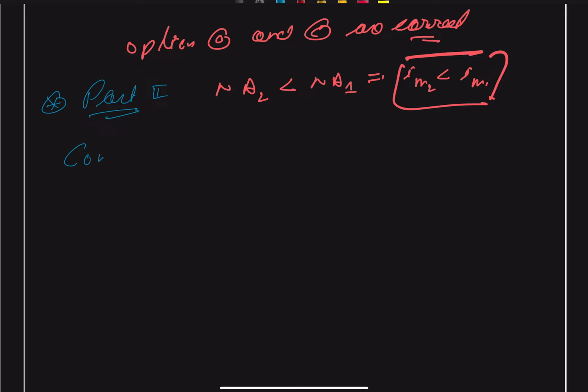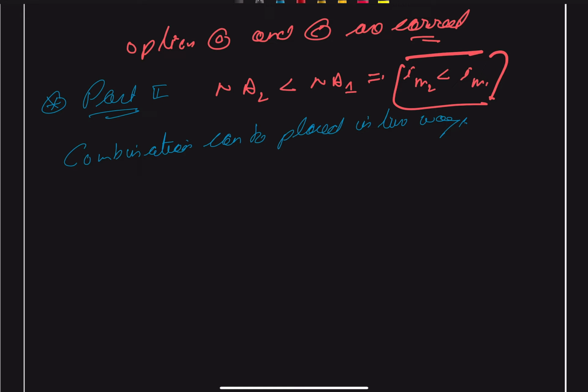So the combination can be placed in 2 ways.